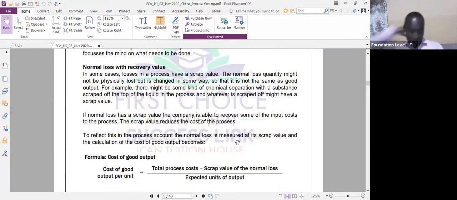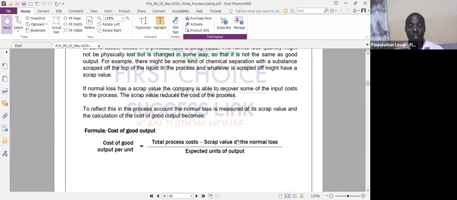Then we can have a normal loss with a recoverable value. When we have a normal loss with a recoverable value, then the way we deal with the cost of good units is slightly different.